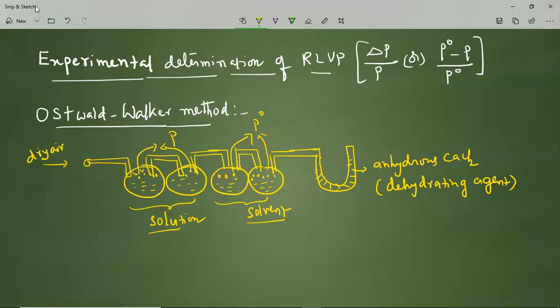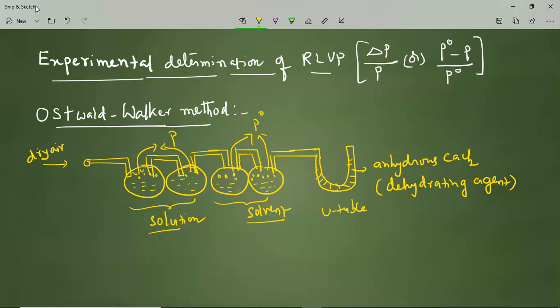After that, a weighed amount of calcium chloride is also taken in the U tube at the end. All these bulbs are kept at the same temperature and air is bubbled. Then some vaporization takes place in each bulb. So dry air which passes through the solution takes an amount of vapor proportional to the vapor pressure of the solution.